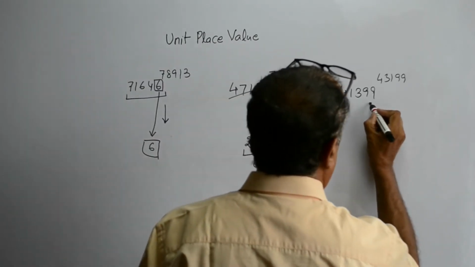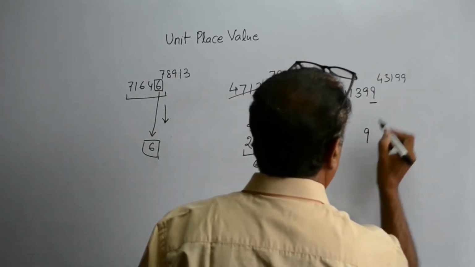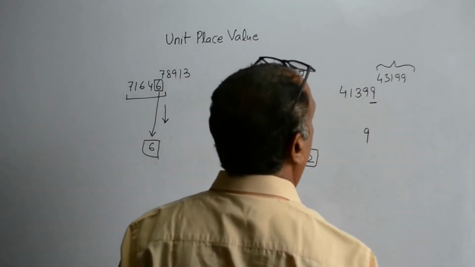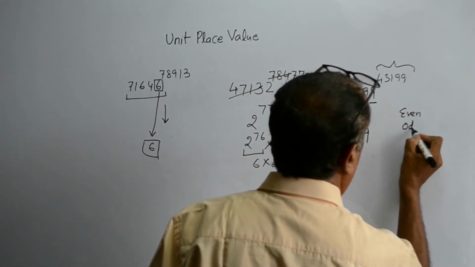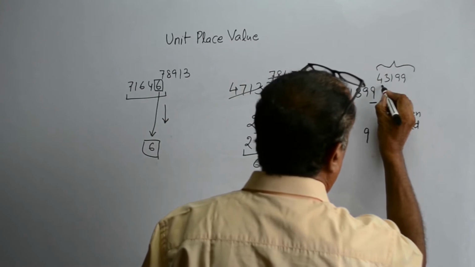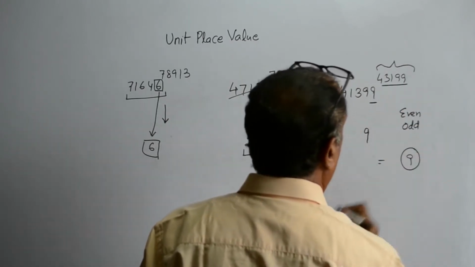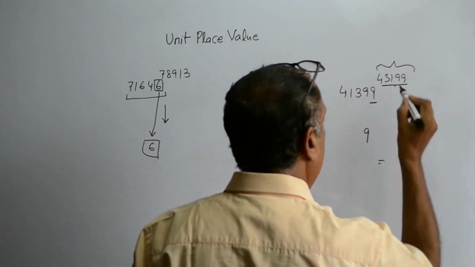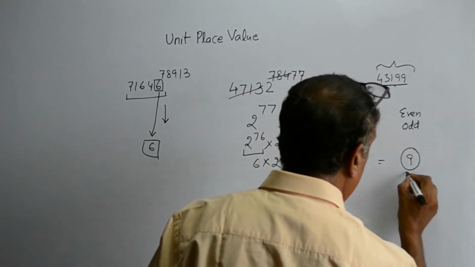In this case, we need not do many calculations. We are only to see whether the exponential power is even number or odd number. When it is odd number, we are going to get 9 as the answer, and when this expression is an even number, then we are going to get 1 as the answer.